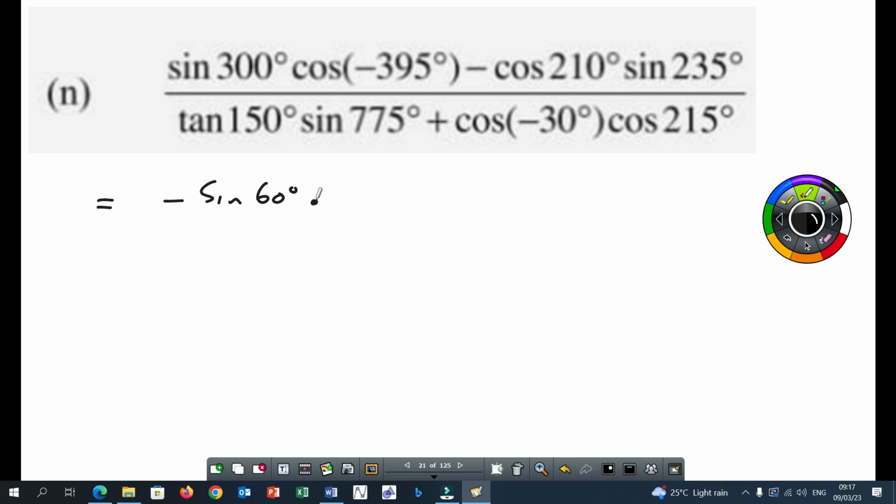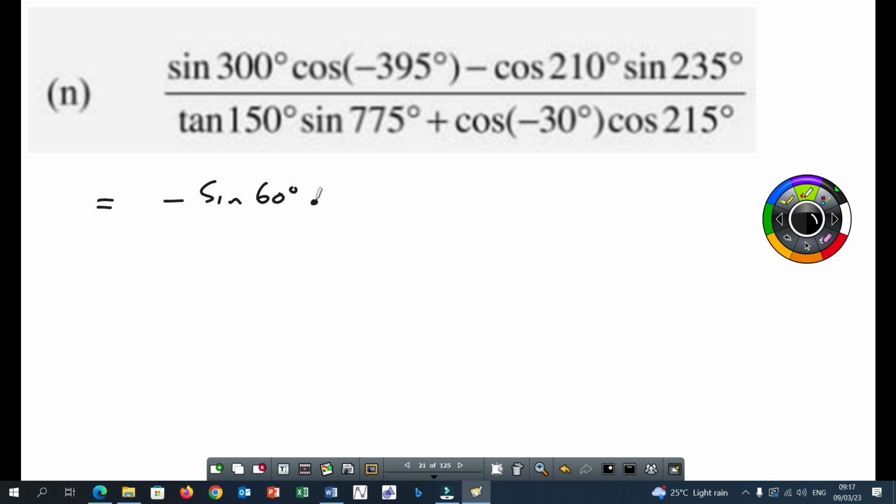Now we have cos of minus 395. This angle here is in which quadrant? Minus 395. First quadrant, right? It's in the first quadrant. So what you do to work with it, it will be better to add 360 degrees. If you add 360 to this, you end up getting minus what?